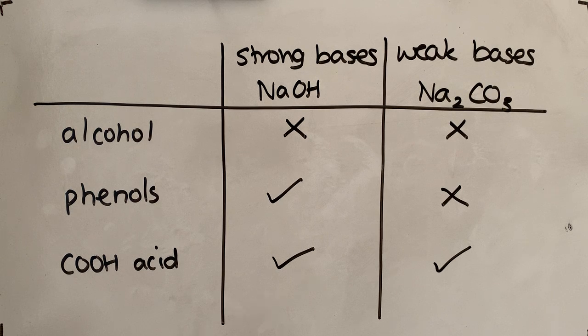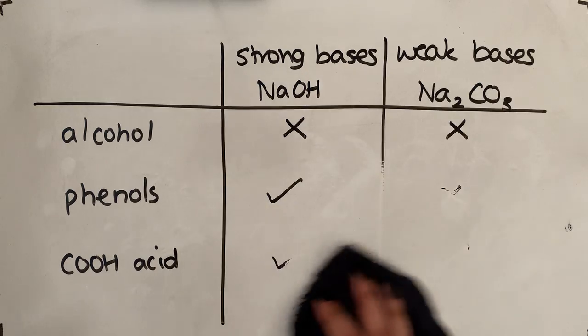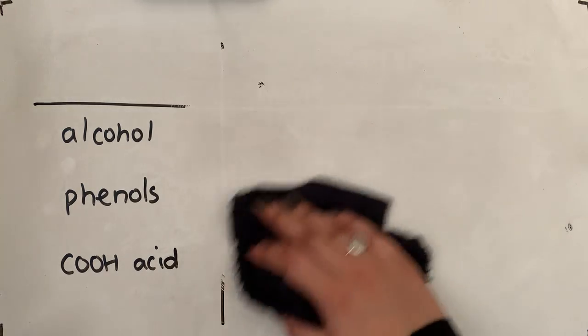The take-home message is that phenols react with strong bases, but they do not react with weak bases. You should not observe a reaction when you add a carbonate to a phenol. Right, so that's reaction type number 1, where phenols are acting as weak acids with strong bases.